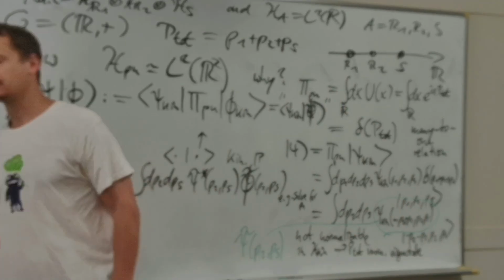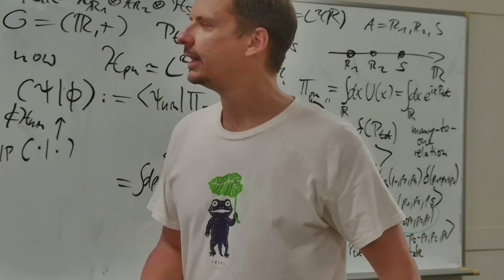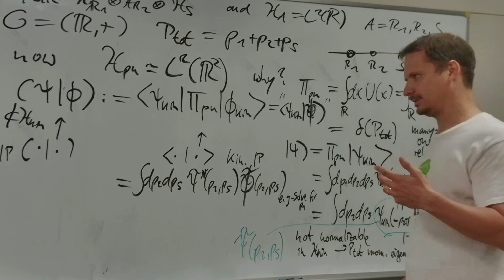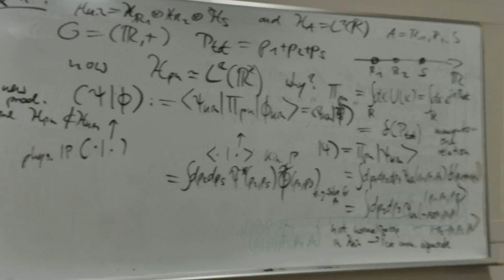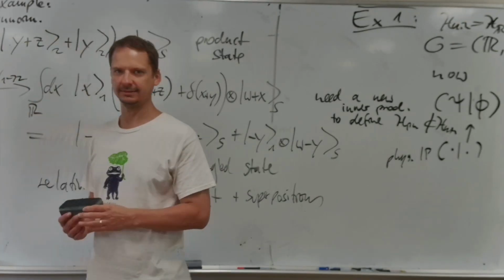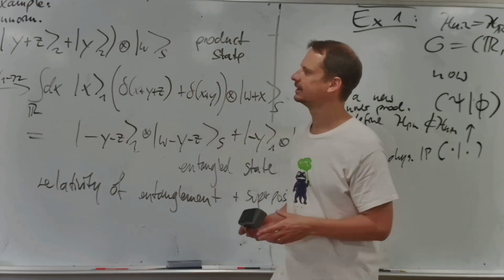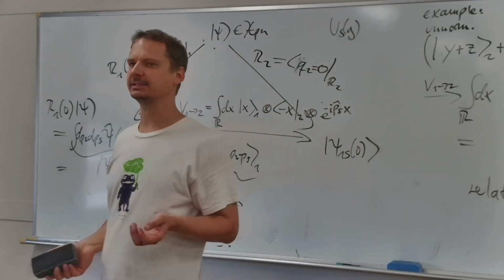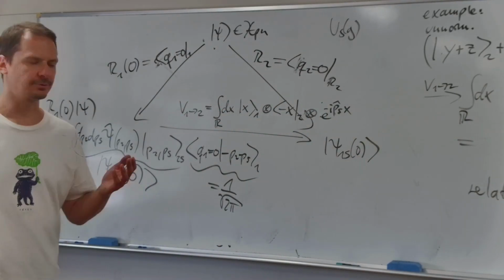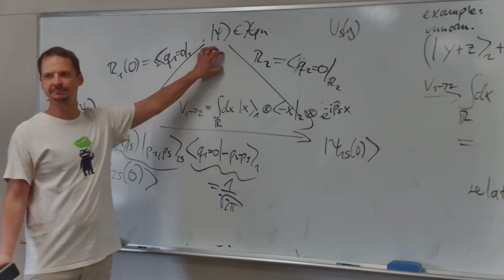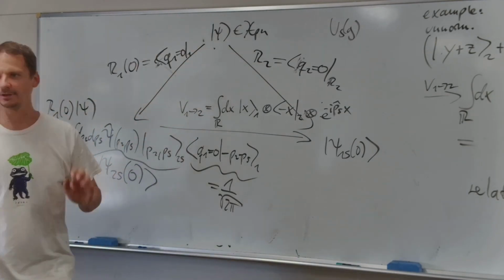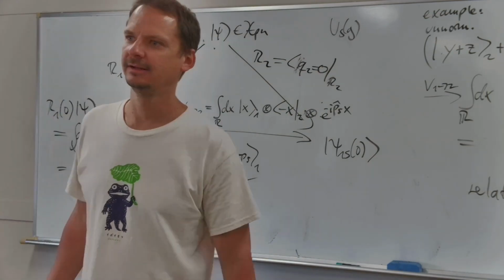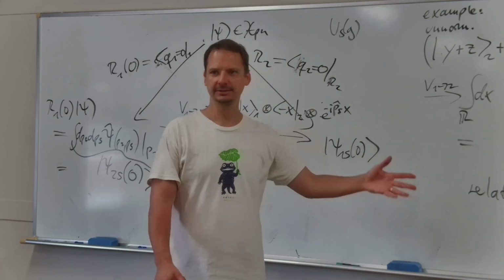Now hopefully in the second lecture today I also explained what really the proper reason for this is, and it has to do with the fact that these reduction maps on reference frame perspective are nothing else than the tensor product structure on the gauge invariant Hilbert space. And the change of quantum reference frame is nothing else than a change of tensor product structure. So it's a change of subsystem partition. And that's the reason why I get relativity of correlations and so on.